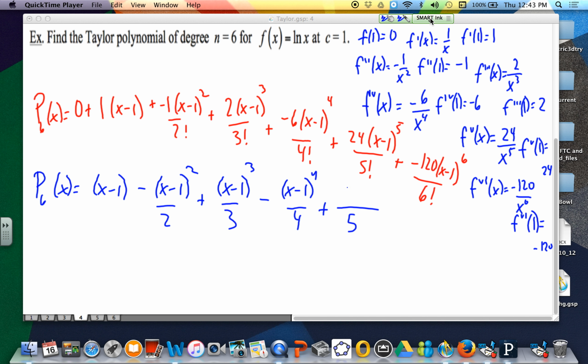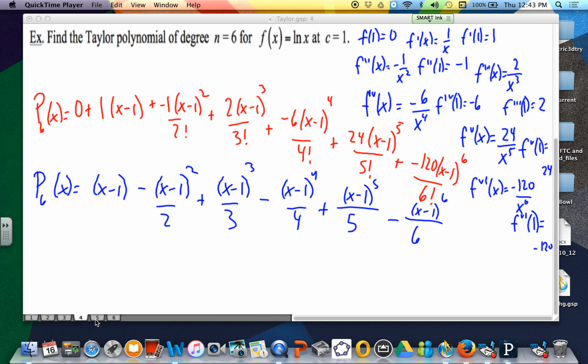You're going to have a 5, x minus 1 to the 5th, and then minus, and you just have a 6 here, and this x minus 1 to the 6th. Again, you don't have to clean it up, but man, that is tight. So that's the 6th degree Taylor polynomial for the function f of x centered at c equals 1.